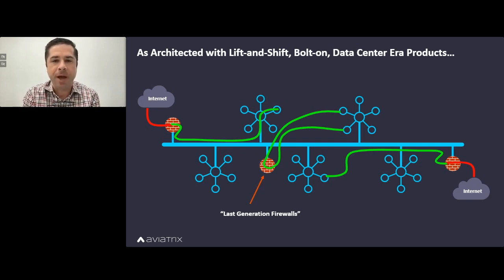So let's talk a little bit about the current state with many cloud architects. One of the big challenges when organizations moved to the cloud was that the perimeter they had control of in their data center started to disappear. In response, one of the big things we've seen is customers trying to move their existing firewalls into the cloud and recreate that legacy architecture.